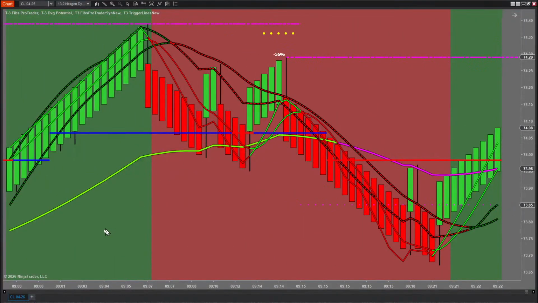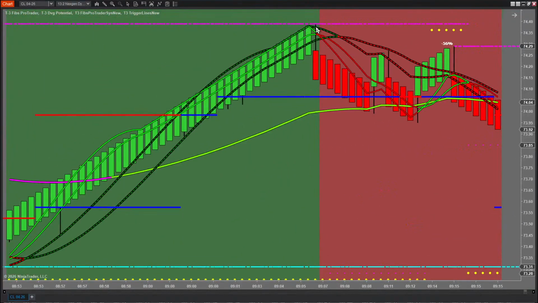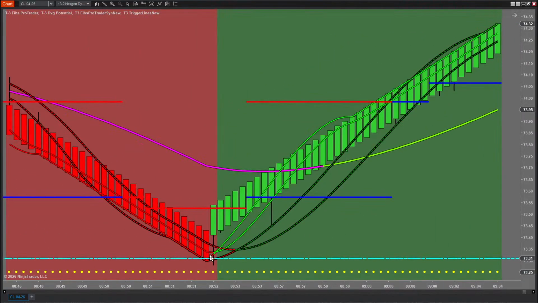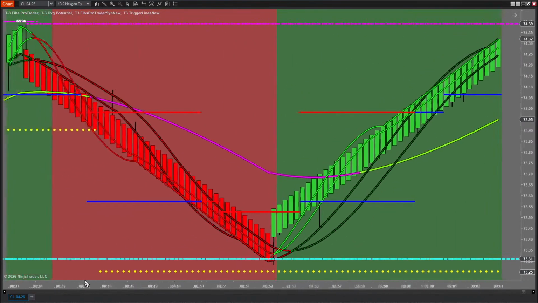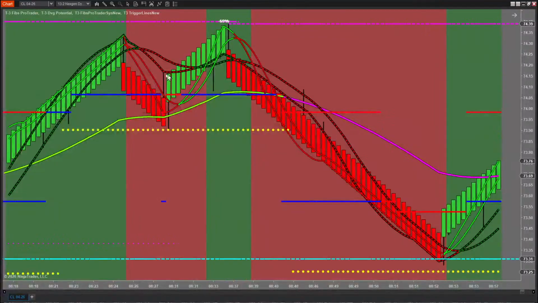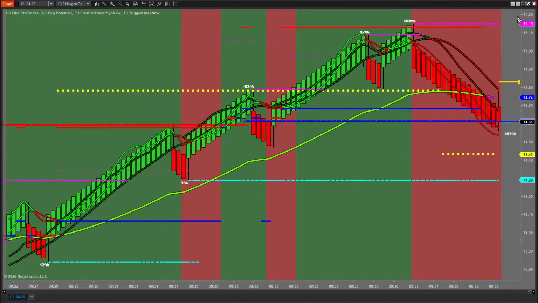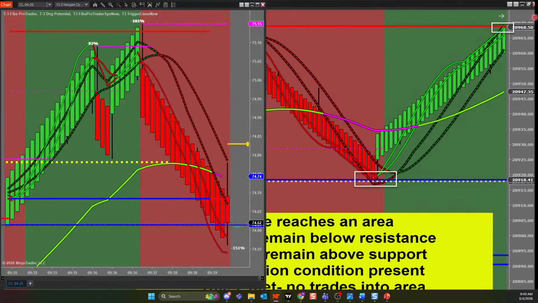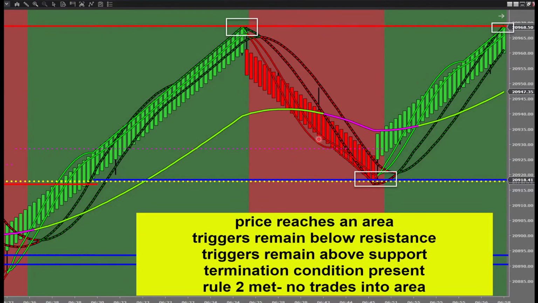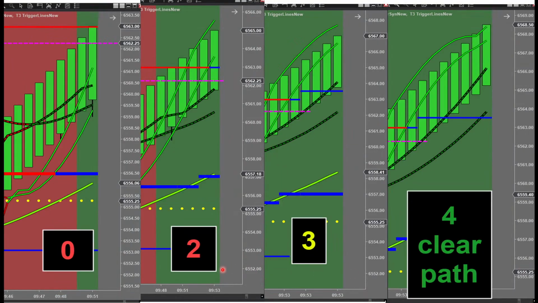There it is at support. There it is at a resistance high. There it is at a resistance low. Guys, you have a magic freaking 8 ball. And now you know exactly where the market may bounce, where it may reverse, or where it needs to break before you have the next trade. And all you have to do is count triggers.